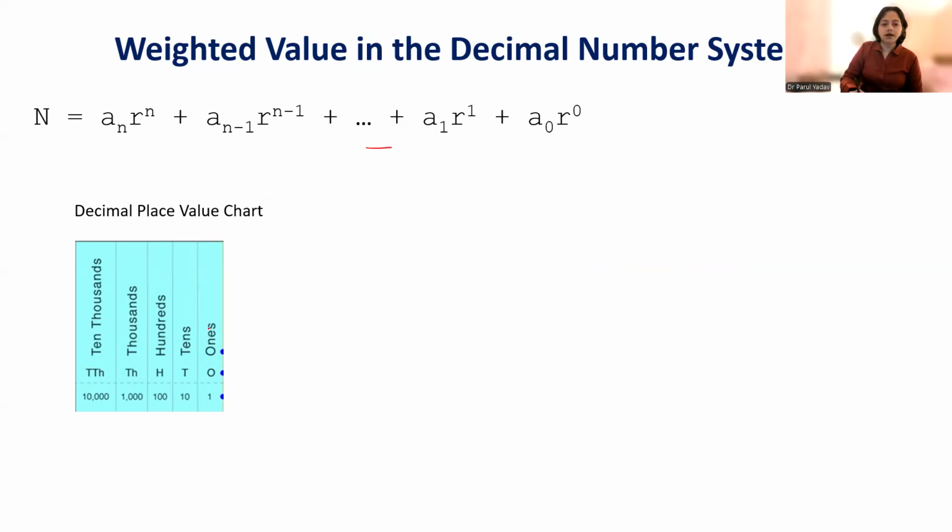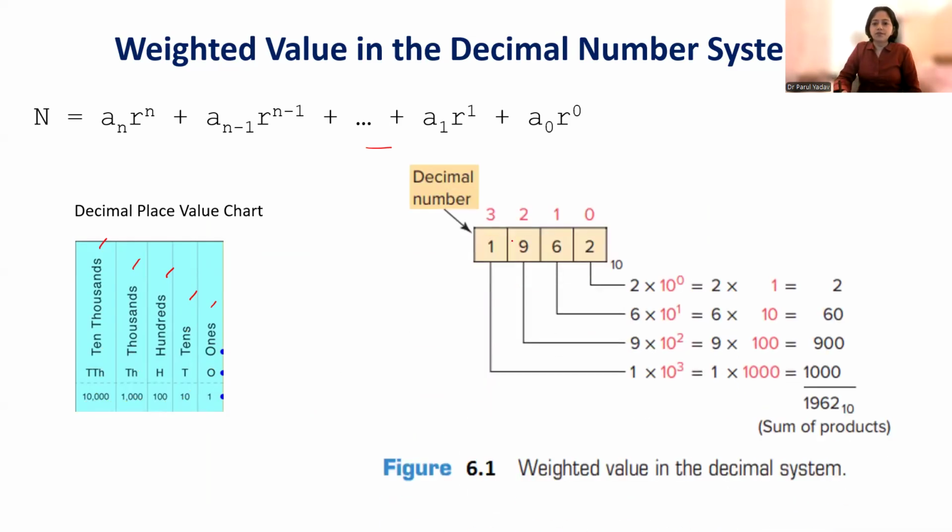Suppose we know in the decimal number system, first it is ones, then tens, then hundreds, then thousands, then 10,000, right? And their place values are like 1, tens is 10, hundreds is 100, thousands is 1000, and 10,000 is 10000. So they are the place values, right? Now suppose we have a number 1962, right?